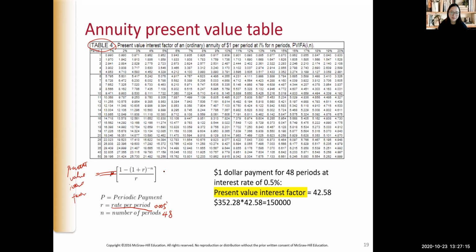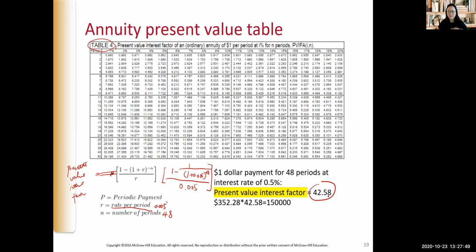So basically you do this formula: 1 minus 1 over 1 plus 0.005 to the power of 48, and then divide by 0.005.